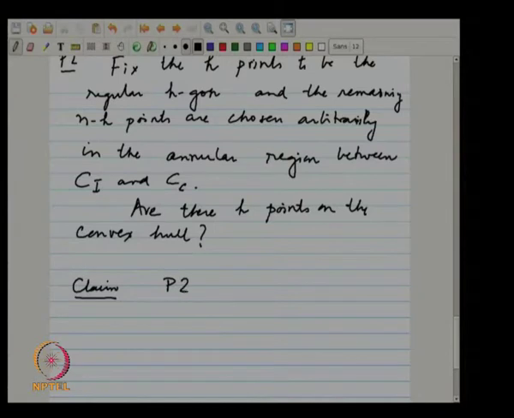P2, the second version of the problem, is easily reducible to my original problem. Why? P2 only says these h points have to be the vertices of the convex hull, and the remaining points should be in that annular region, which means basically that I take every point and see whether it is outside the inscribing circle and inside the circumscribing circle.